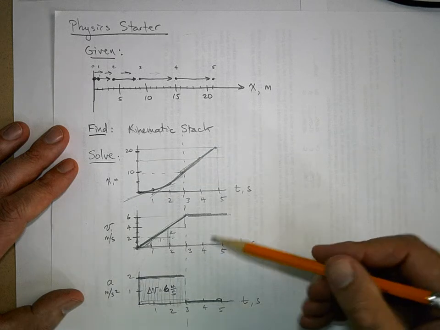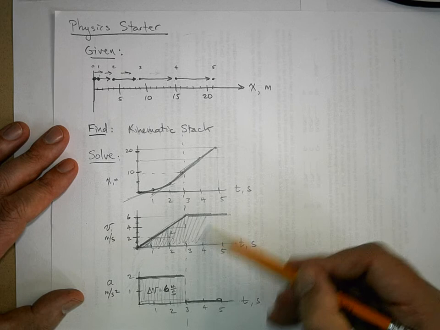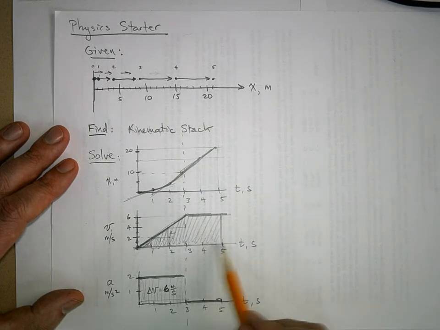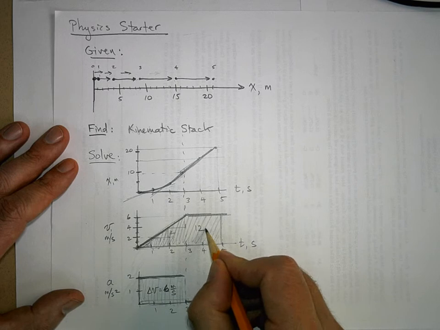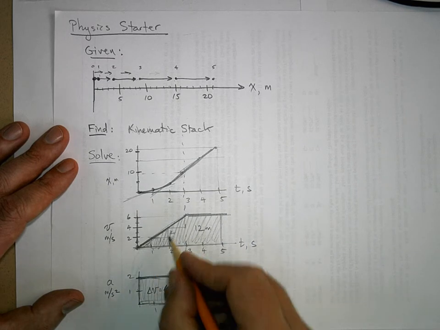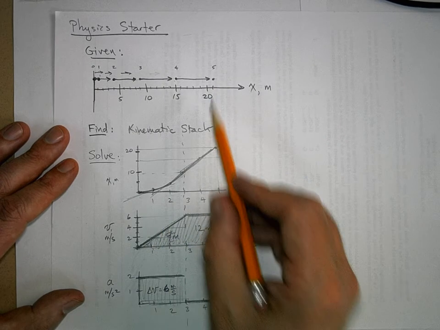And then look at this. What's the area underneath this graph? Well, here we have 2 times 6 is 12 meters. And then the triangle is 3 times 6 is 18 divided by 2 is 9 meters. 12 plus 9 is 21.